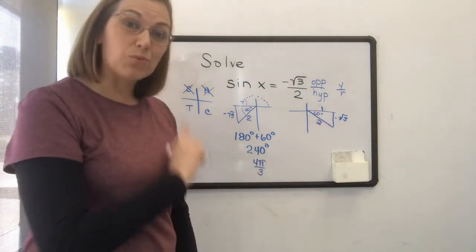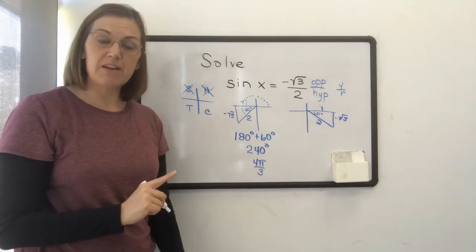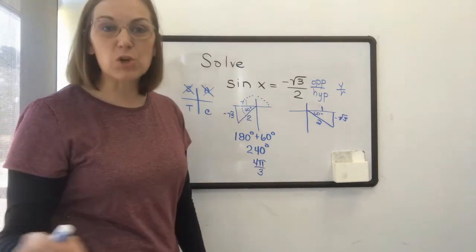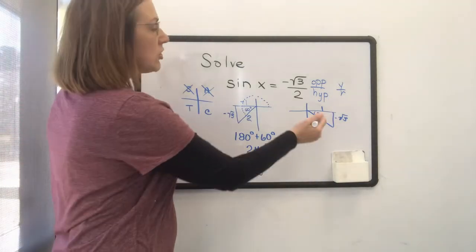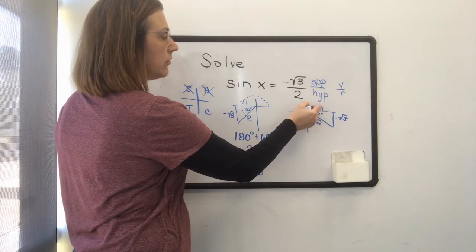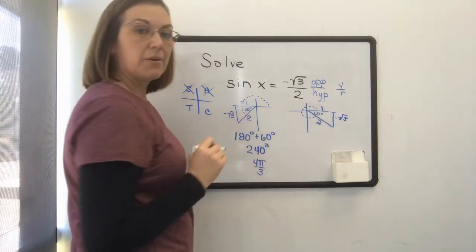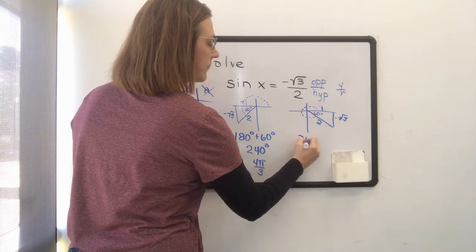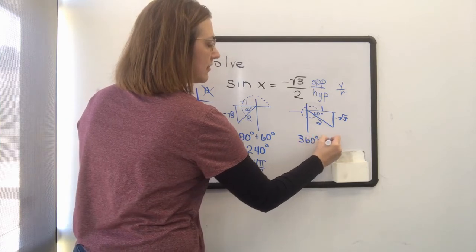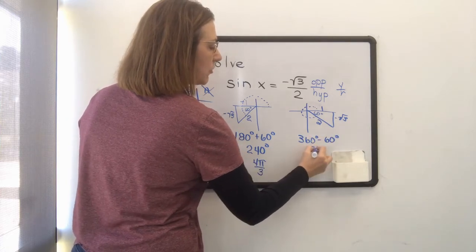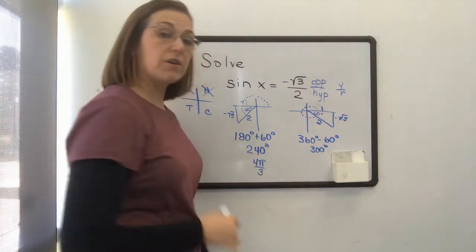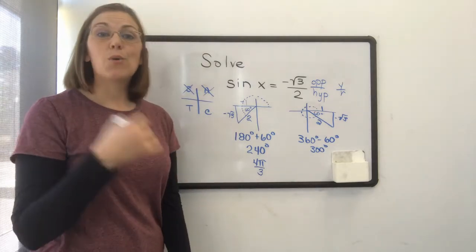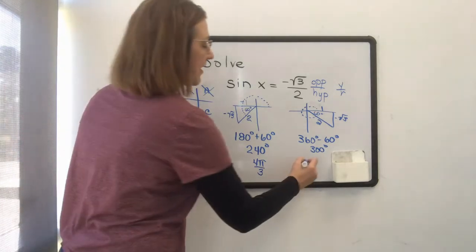Did you notice the reference angle is the same for both of them? That's important because that happens all the time. All right? So how do we find this angle? That's where we do 360 minus our 60. And we get 300. Or if we were asked for radians, we would answer with 5 pi over 3.